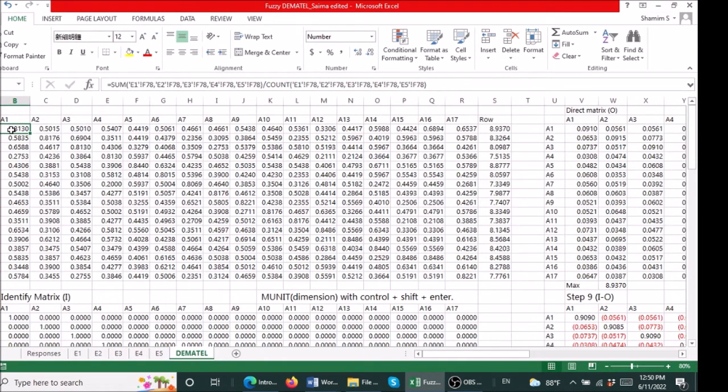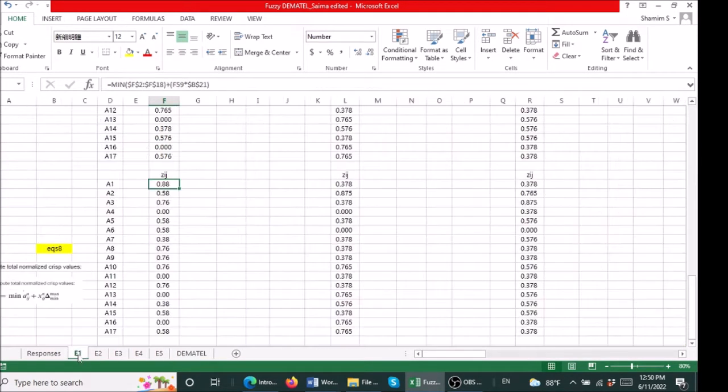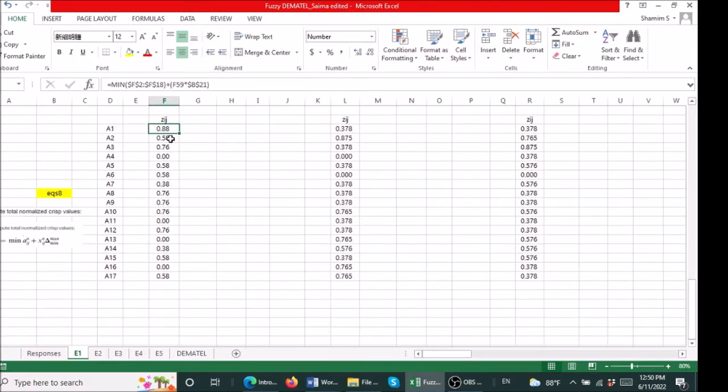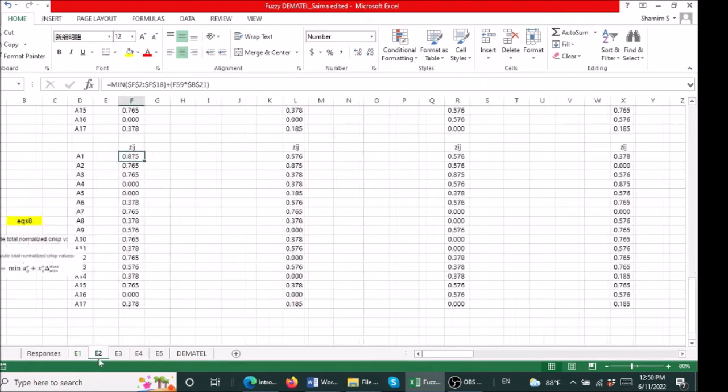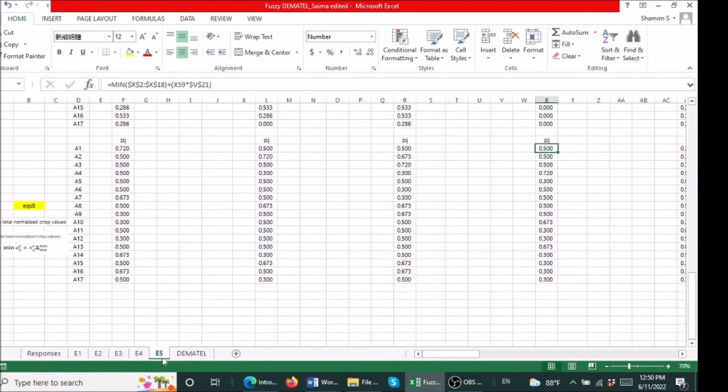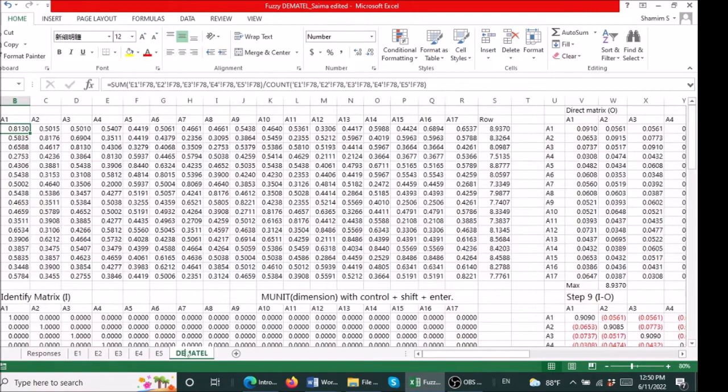This table is actually getting the average of 5 experts, like the average of A1 from expert 1, expert 2, 3, 4, 5. Okay, we got the average. So how to calculate the average? We have different methods. You can use the sum divided by count. Count means you just copy.